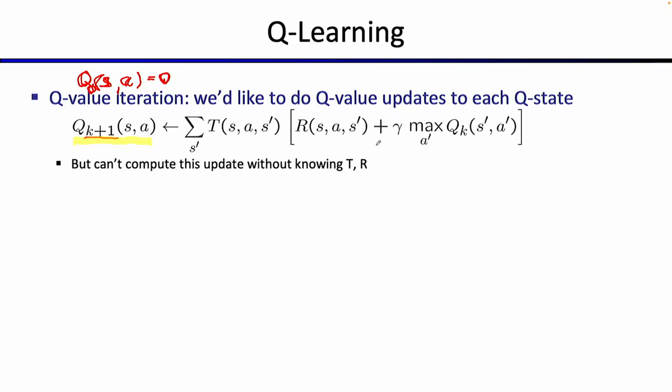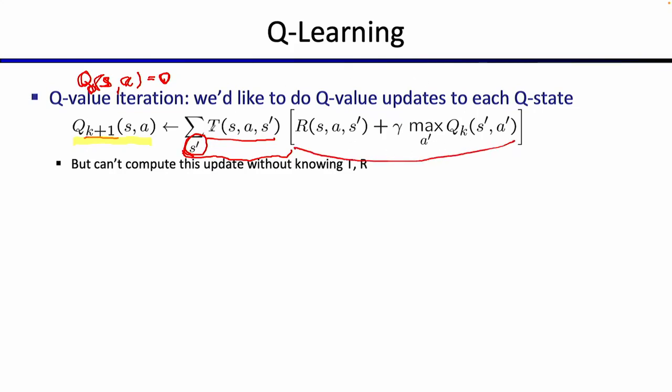Then, the way that we've chosen to update this Q value was to average over all of the future successor states, S prime, that can come from being in state S and taking action A. And we weight them by the transition probability of actually observing the state S prime.